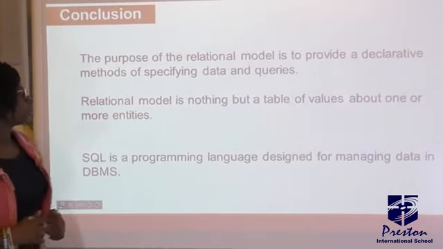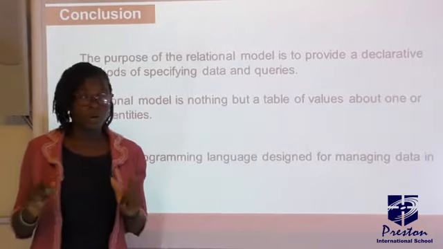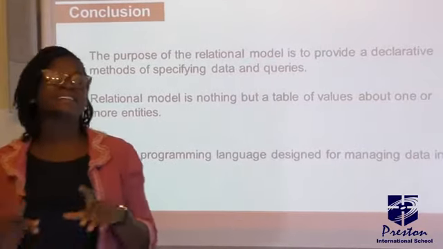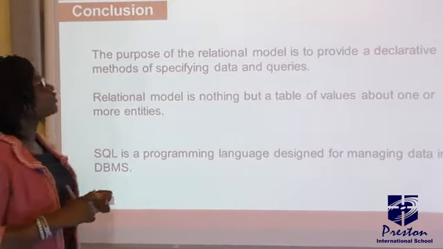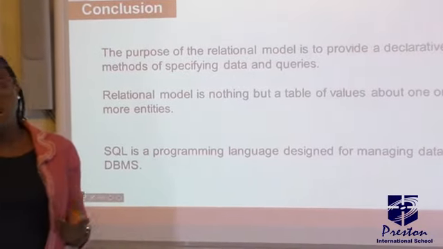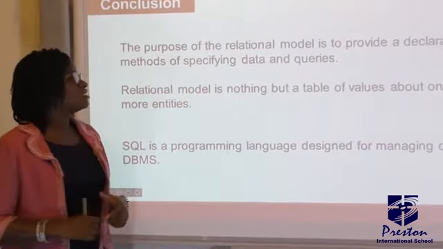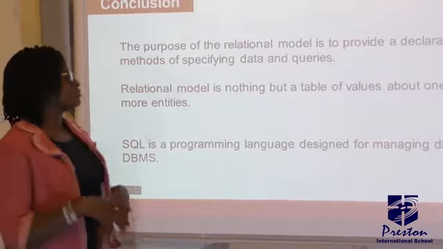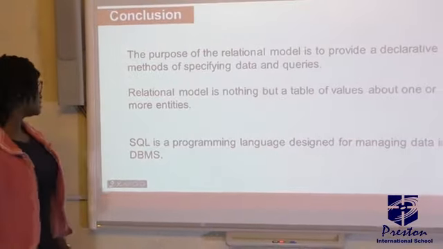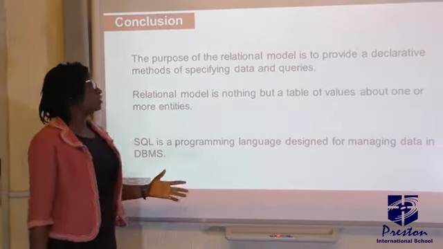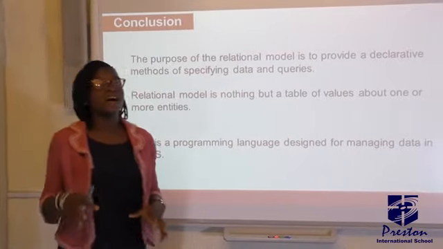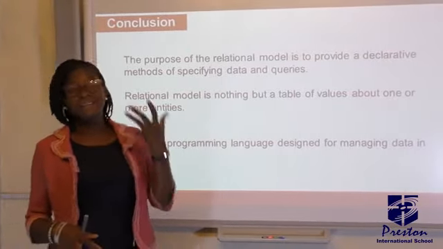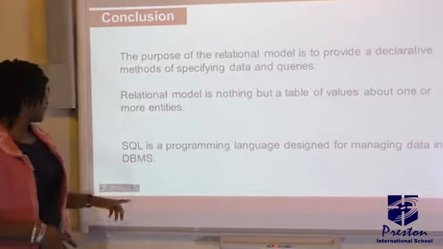In conclusion, the purpose of the relational model is to provide a declarative method of specifying data and queries. The relational model is nothing but a table of values about one or more entities, while SQL is a programming language that we need to adopt when we are dealing with the relational model.